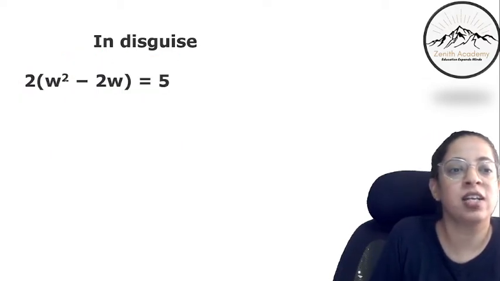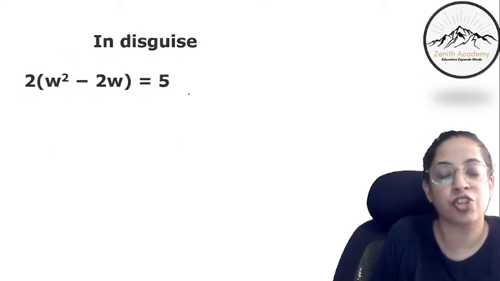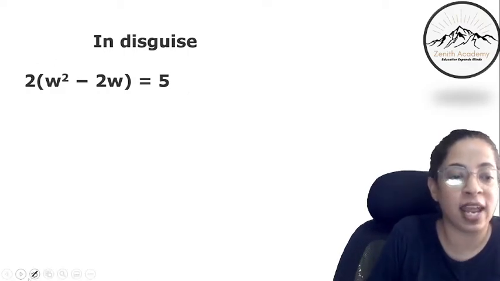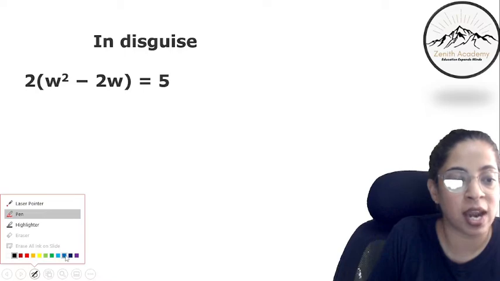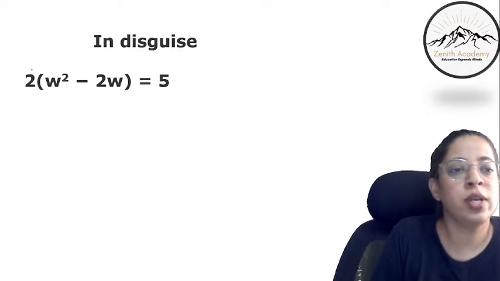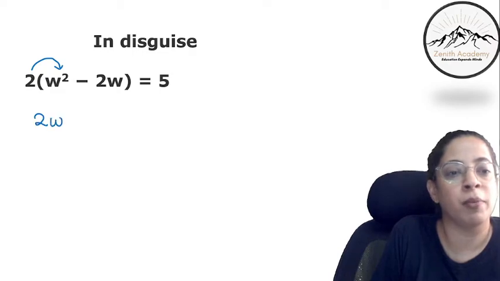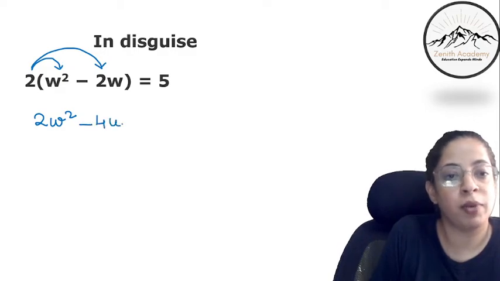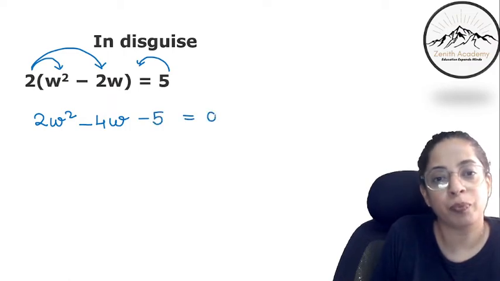Now see here, does it look like a quadratic equation to you? Yes, it is. Let's simplify it to understand. See, this 2 is being multiplied with the full bracket. So 2 will be multiplied with w square, then with minus 2w, so it becomes minus 4w. And if I bring this plus 5 to the other side, it becomes minus 5 is equal to 0.